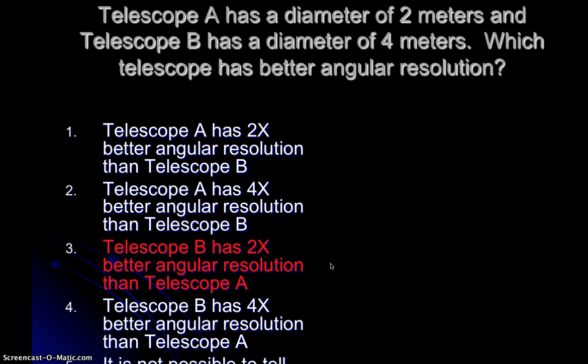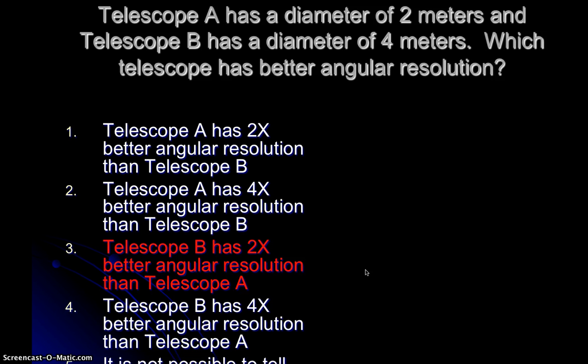And the reason is because the angular resolution is equal to 1 over the diameter, so 1 over a bigger number actually gives you smaller angular resolution, which is what we want. So 4 is the bigger one. The relationship is just 1 over the diameter, so this is 2 times bigger, which means that we only have 2 times better resolution.